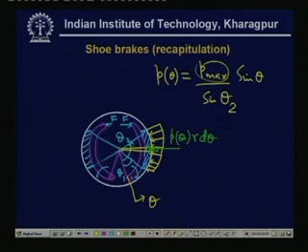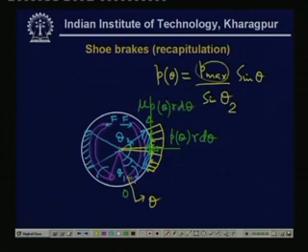We have to calculate moments about this point O. There are two forces: one is this P theta r d theta, and another is the friction force. If the drum rotates in such a way that the friction force acts along this direction, then it is mu times P theta times r d theta.